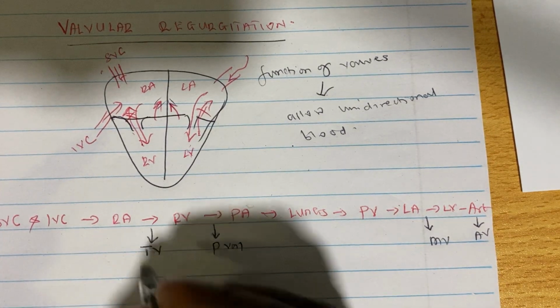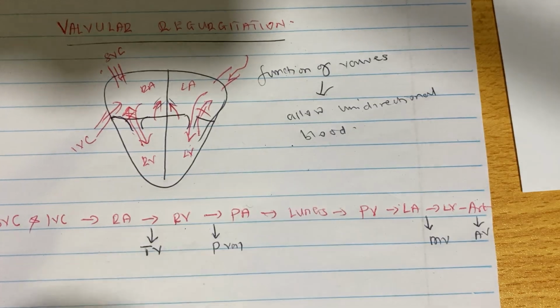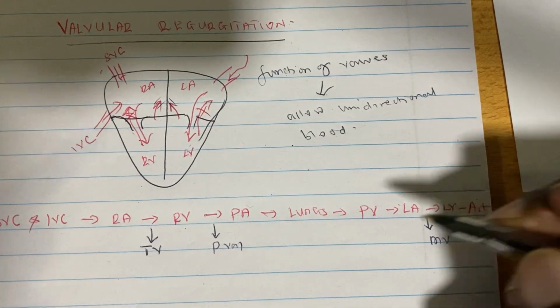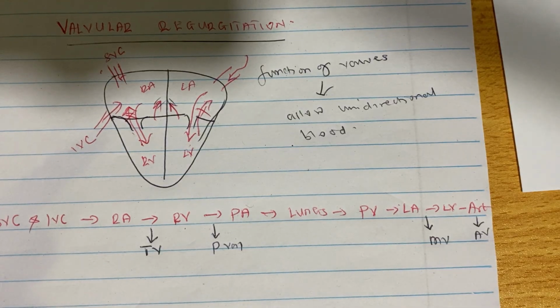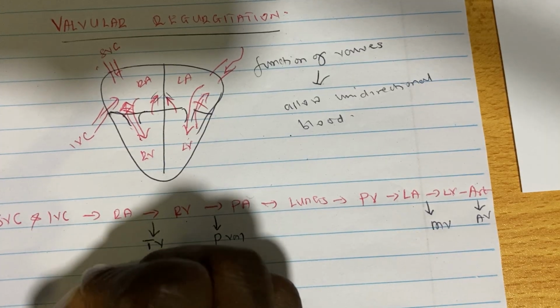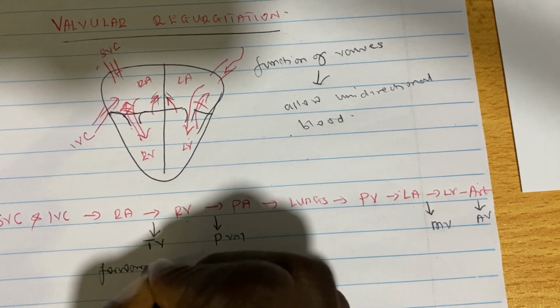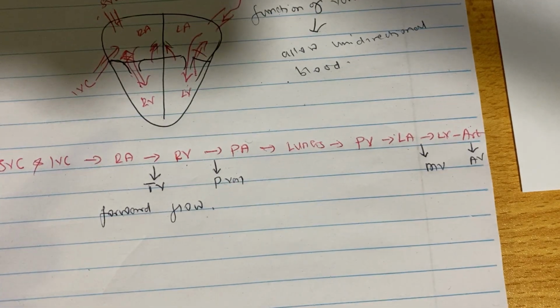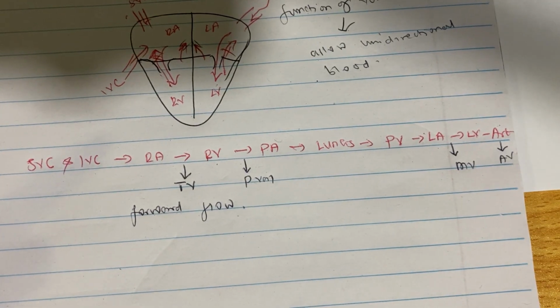This valve allows blood to RV, this one blood to LV, then blood to aorta, and then blood to pulmonary artery. If it happens this way, this is called forward flow. Blood is flowing in its normal direction.